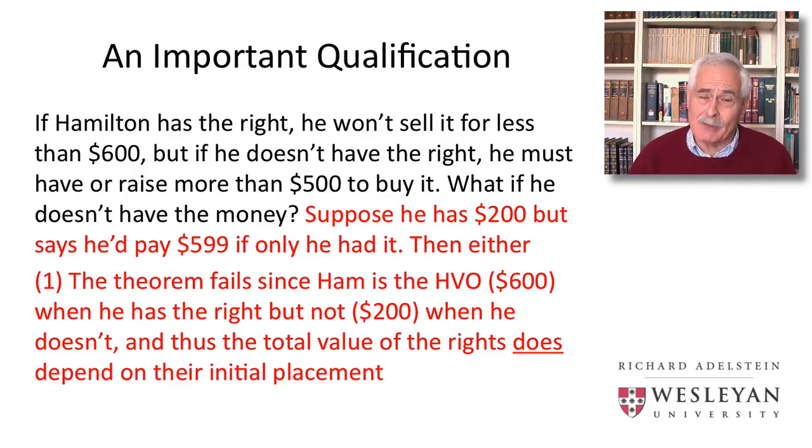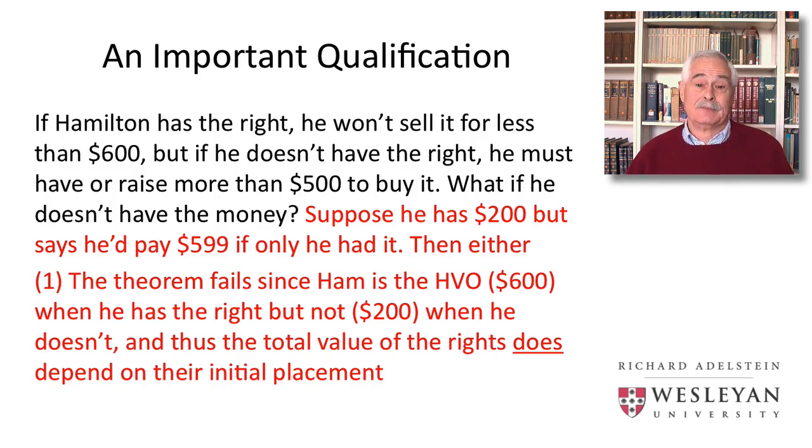So we have a Hamilton, now in this altered example, who, if he owns the property right initially, will not sell it for less than $600, but if he doesn't have the property right initially, he can only raise $200 maximum to purchase that right, and as we've seen, $200 is not enough to pry the right from the hands of Jefferson.